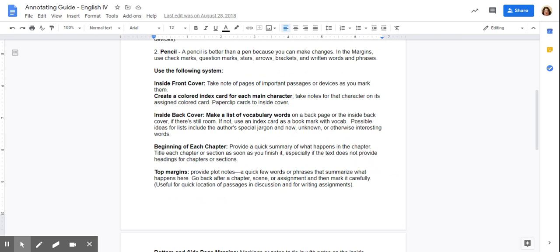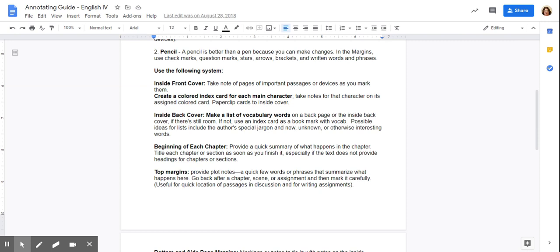There are some things that I want you to record in certain places in the book, just so when I'm looking at it, I know where to look for these things. Inside the front cover, I want you to record the page numbers of important passages that you find.